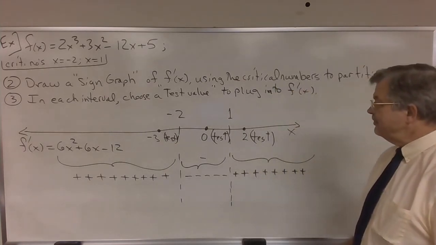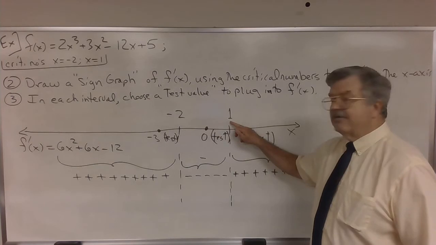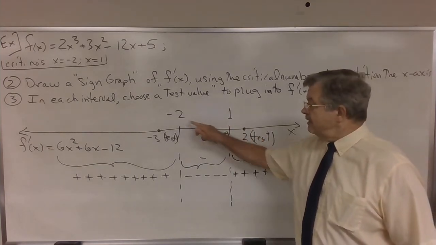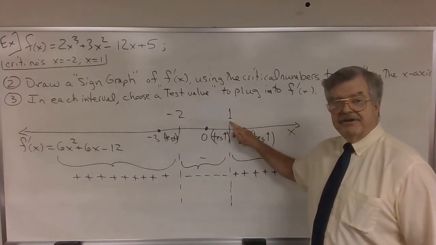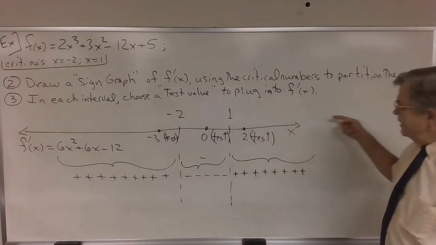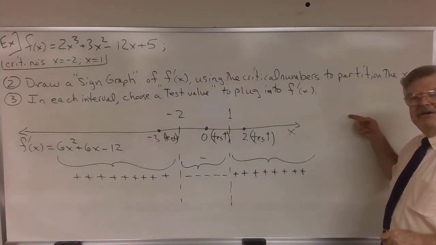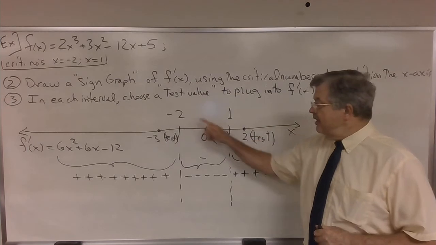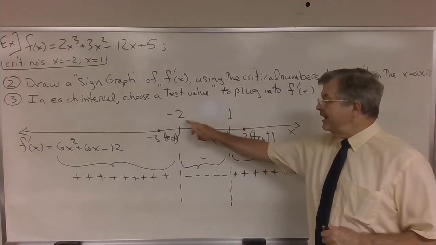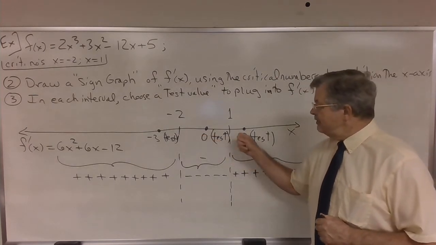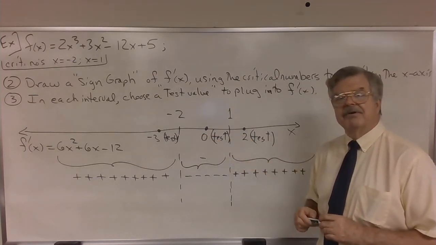And guess what? These are the only critical numbers that there are. These are the only two places where the derivative can change sign. So the derivative can't change sign out here from positive to negative because there are no critical numbers out here. These are the only two critical numbers, and besides these two, there are no more.